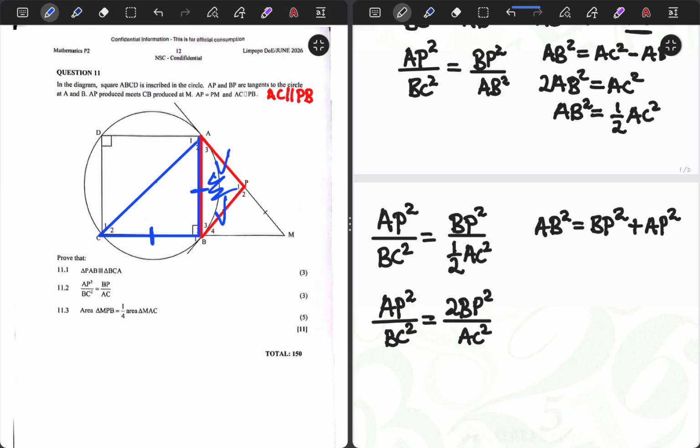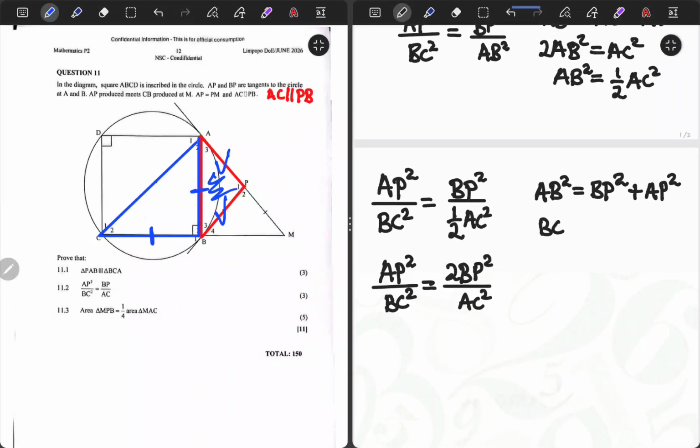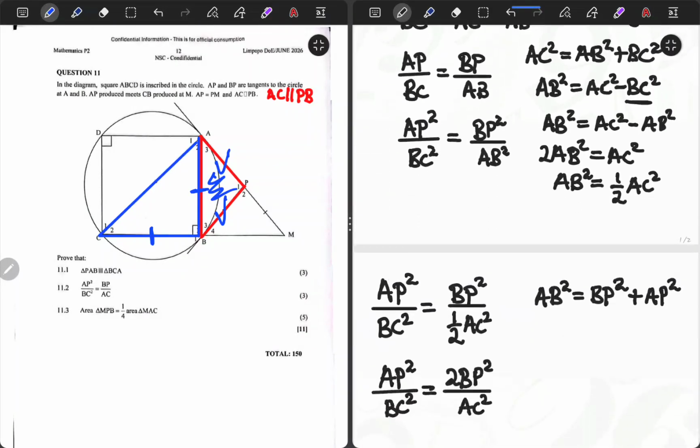So this is the same as BC, or we can have it like this.